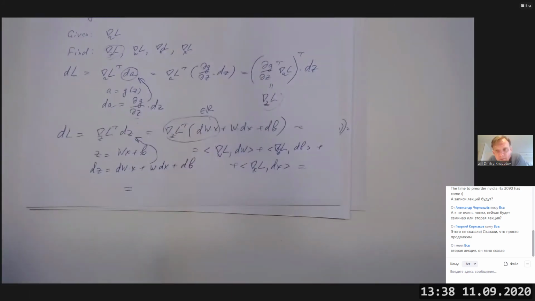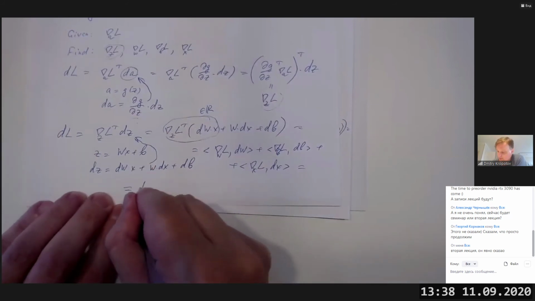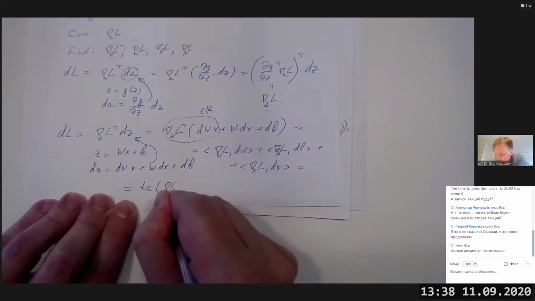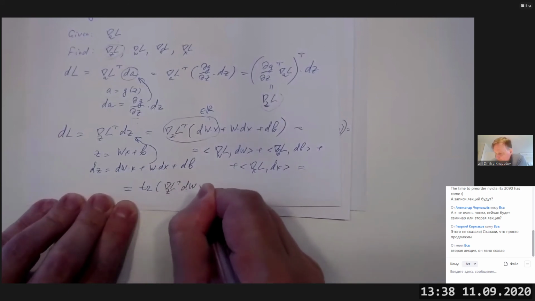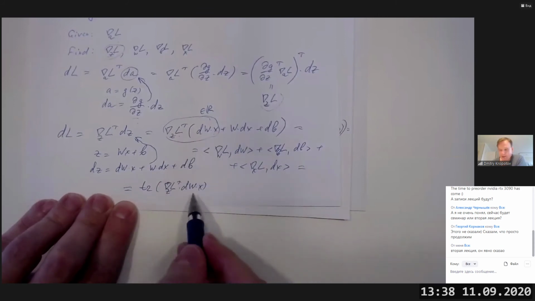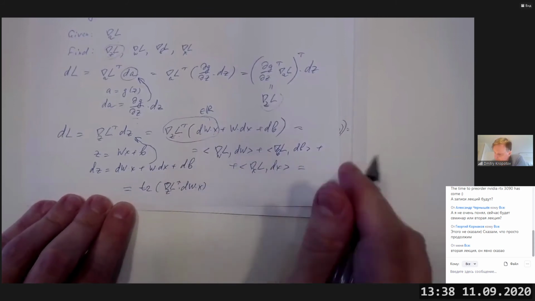If we speak about a real number, it coincides with the trace of this number as a matrix of 1 by 1. So this is the same as to say this product is equal to the trace of a number.